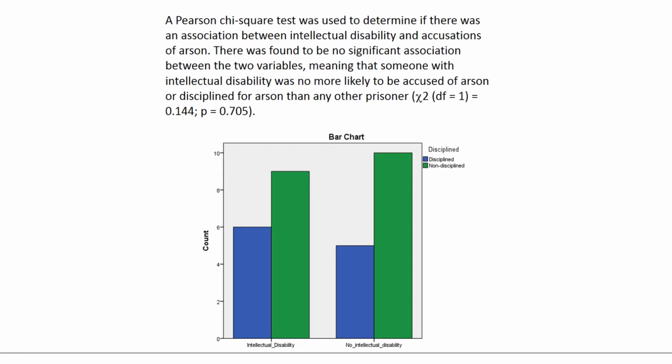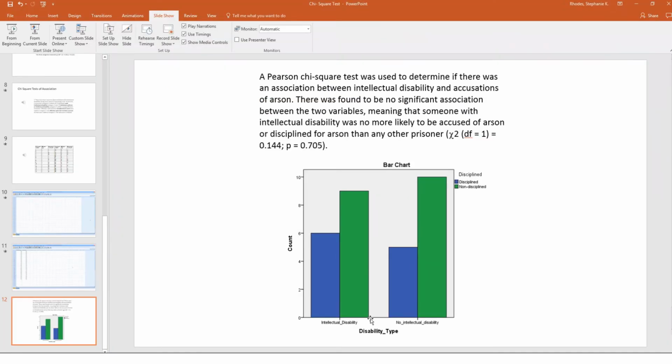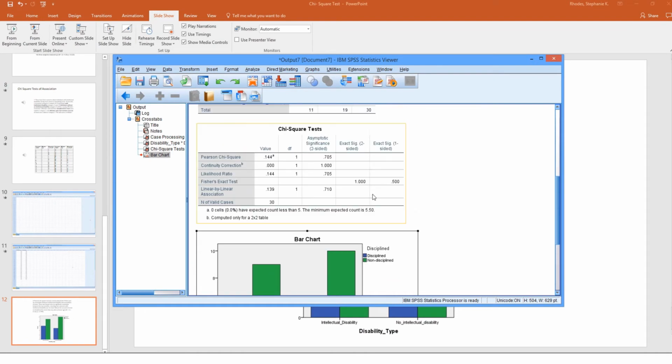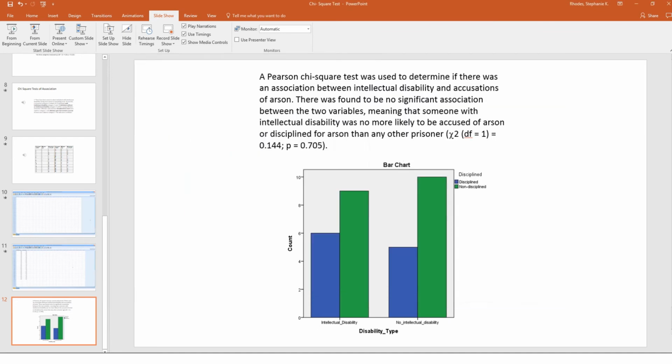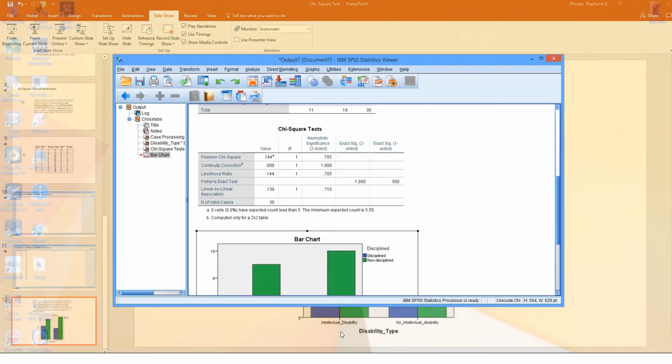Okay. The degrees of freedom I've taken from SPSS. So if we go back to the output, I can see, yeah, the DF, the top line here, was 1. So I've put that into my statistical notation. I then need to present the chi-square value, or the Pearson's chi-square value, sorry.